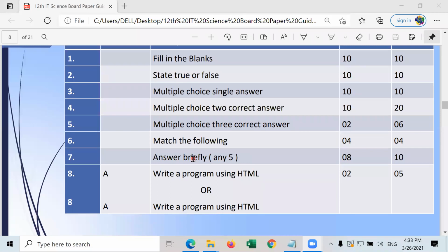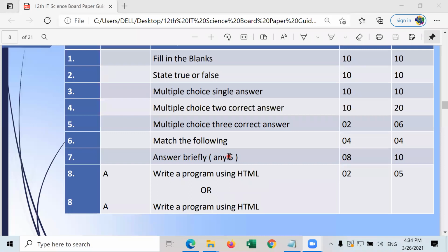Now, for this question, you have to write at least 5 points. See, you have to solve 5 questions. 5 twos are 10. So weightage for this question is 10 marks. So each question will carry 2 marks. For 2 marks, you are supposed to write at least 5 points.